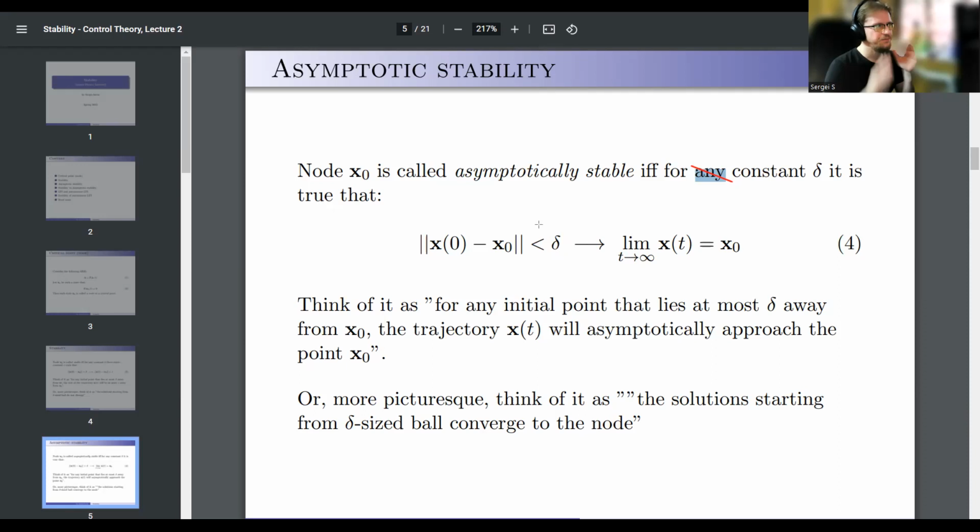So again, there exists some range of initial conditions that imply that x of t, as t goes to infinity, will tend towards the node. So as long as the initial point lies at most delta away from x0, the trajectory x of t will asymptotically approach x0. Or yet another way, solutions starting from the delta-sized ball converge to the node.